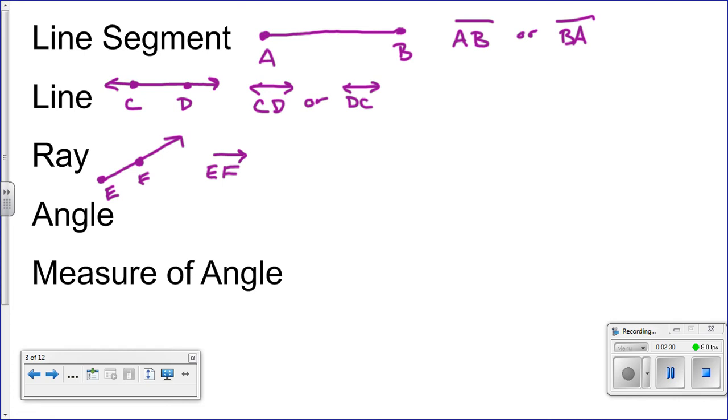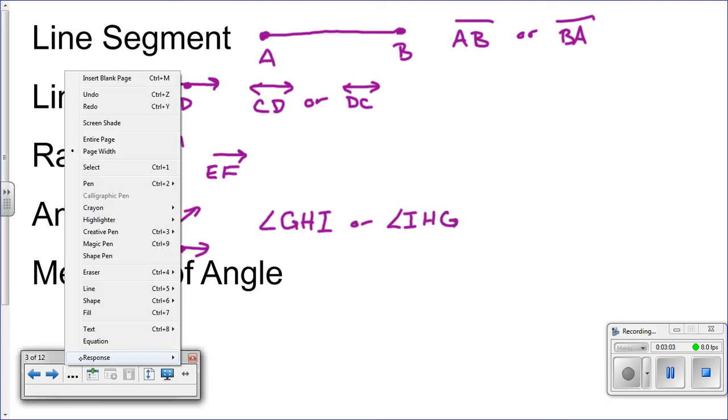And there we go. Your angle, this is what we're going to be dealing with quite a bit. For an angle, you will have 3 points here. I'll just write out the letters G, H, I, and there's two ways you could do this. You could write the little angle symbol and say angle GHI, or you could say angle IHG.